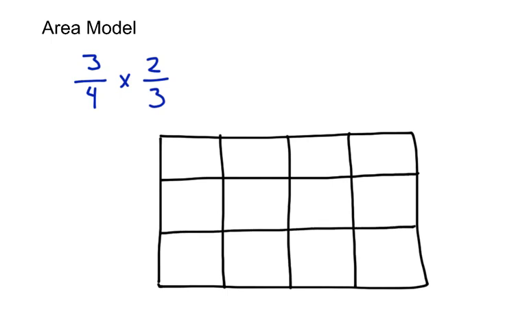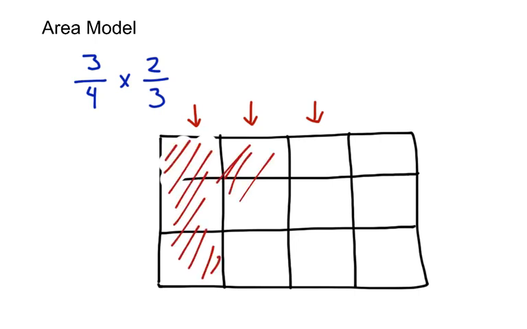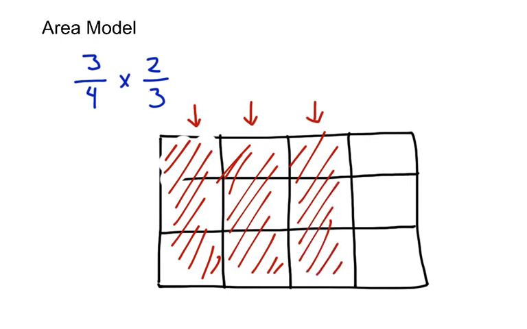And then we're going to shade. When I shade this, I've got 3/4. My fourths are, there's 1, 2, 3, there are my fourths, and I want to shade in 3 of those. So I'm going to shade 3/4.